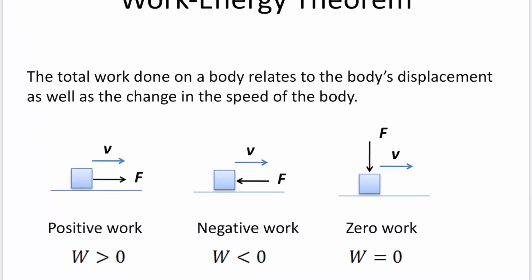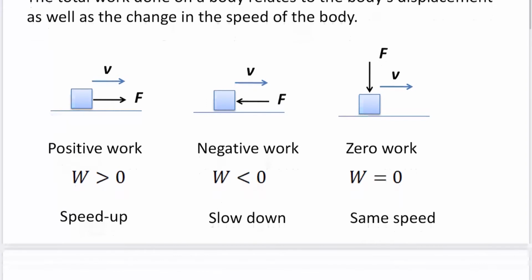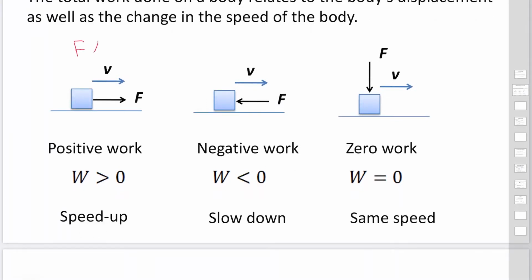The total work done on a body relates to the body's displacement, as well as the change in the speed of the body. When the force is parallel to the displacement vector, then work becomes positive. In our daily life, the velocity of the object is increasing; we easily imagine the speed up.